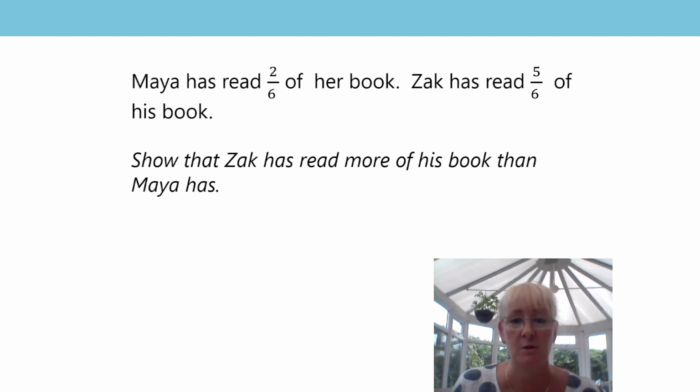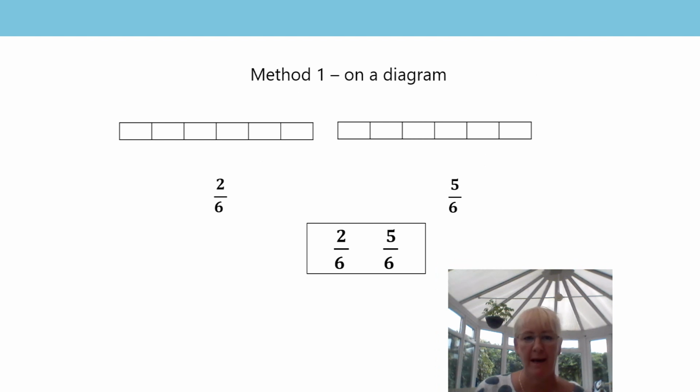You might want to use a number line. See if you can do all of those. Okay, here's my diagram. I've used a bar, a rectangle for mine, because I find it easier to divide them into equal parts. Now you might have drawn 2 circles or 2 rectangles to represent the fractions, and that doesn't matter, but have you shaded in 2/6 on one of them and 5/6 on the other?